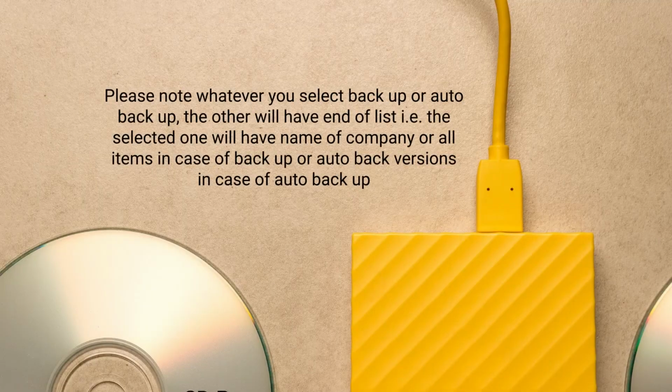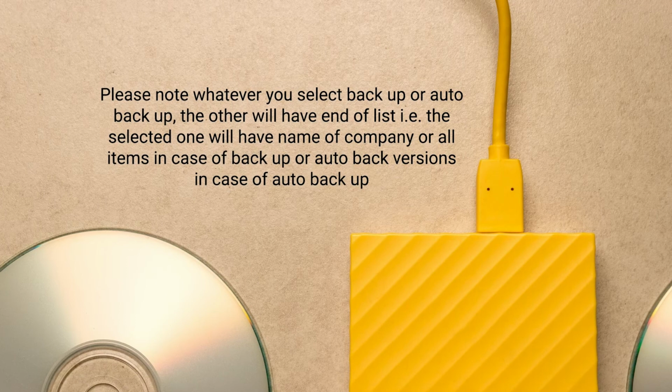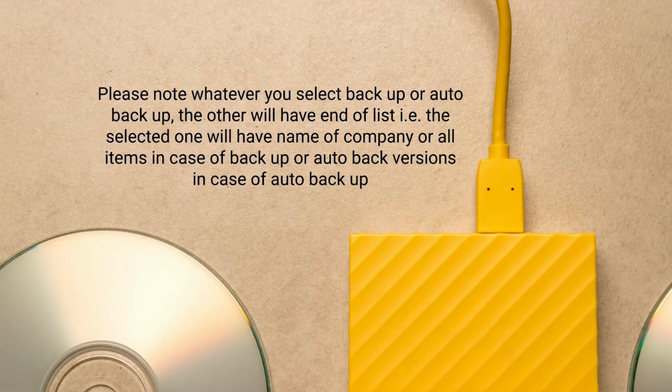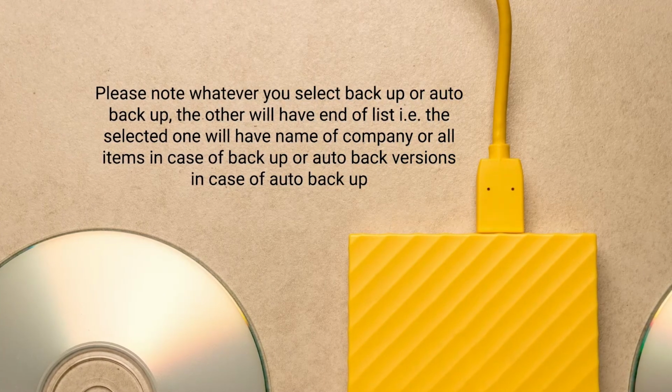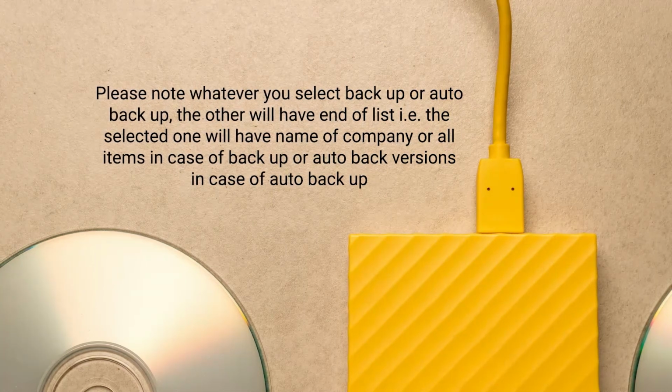Now there is a very important thing which you need to know. Since you can restore the data in two ways, either manually or automatically, whatever you select, whether backup or auto backup for restoring of data, the other will have the end of list. It means that the selected one will have the name of the company or all items. If you want to restore a particular company, then you will select that company name.